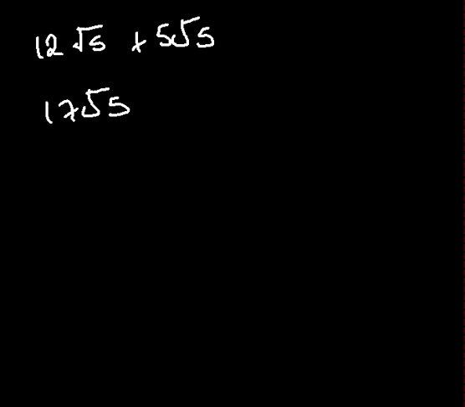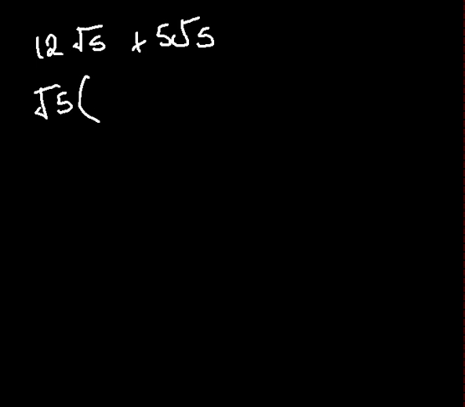In case you need some insight into what is happening here, we have the square root of 5 and the square root of 5, which are the same. So what is the common factor? It is the square root of 5.